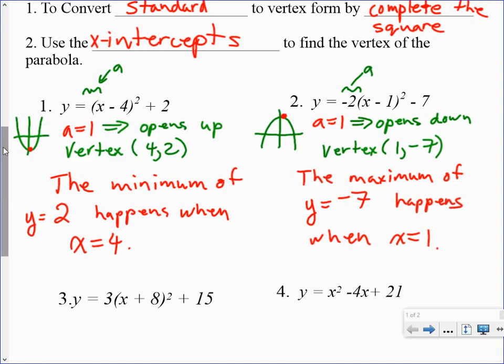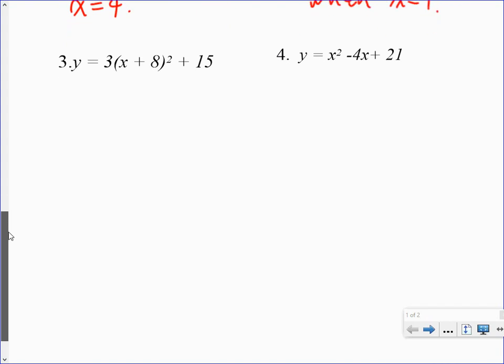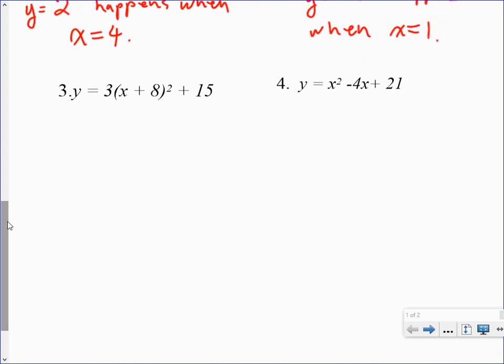Let's do that one more time for question number 3. So now for question number 3, we have the same type of problem. We need to know what our a value is again, so we always identify what our a value is. In this case, our a value is equal to 3.